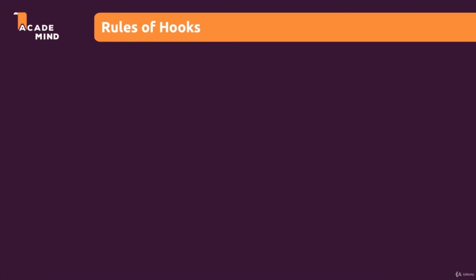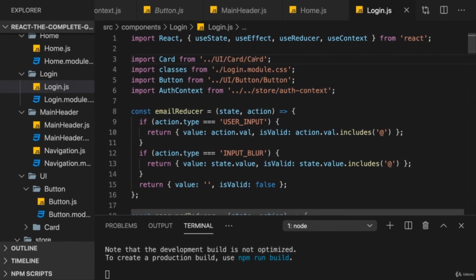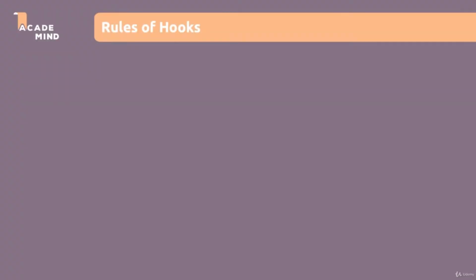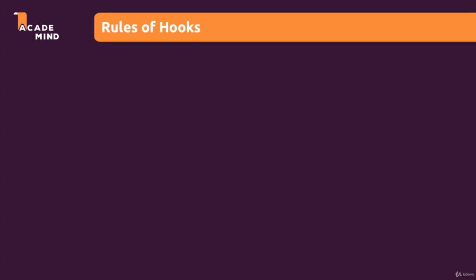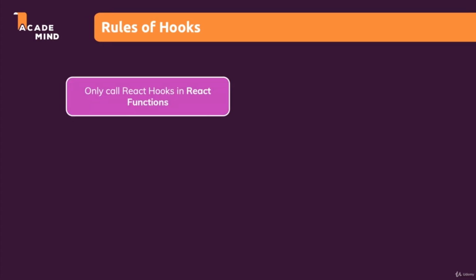Anyways, there are two main rules you have to know when it comes to working with React hooks. And React hooks are simply all those functions that start with use. So useEffect, useReducer, and so on. The first rule, which is important, is that you must only call React hooks in React functions.